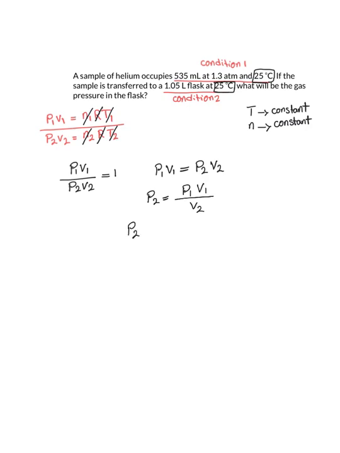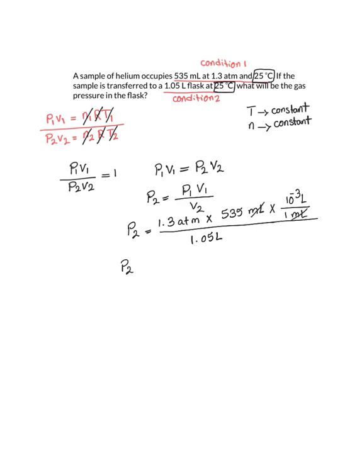So P2 would be P1, 1.3 atmosphere, multiplied by 535 milliliter, divided by 1.05 liter. As you can see, the unit for the volume is different, and we need to have the same unit to solve the calculation. So I multiply the top unit by this unit conversion to have it in liter.